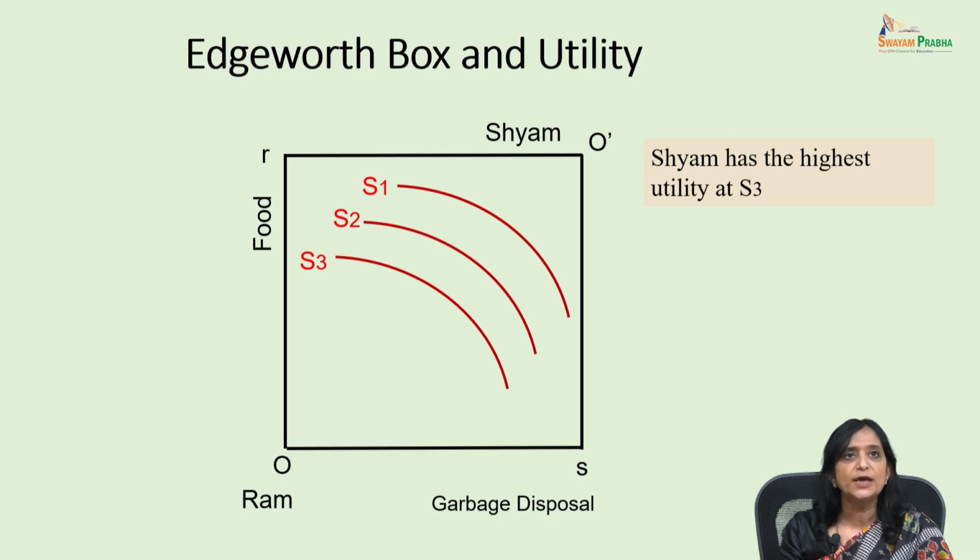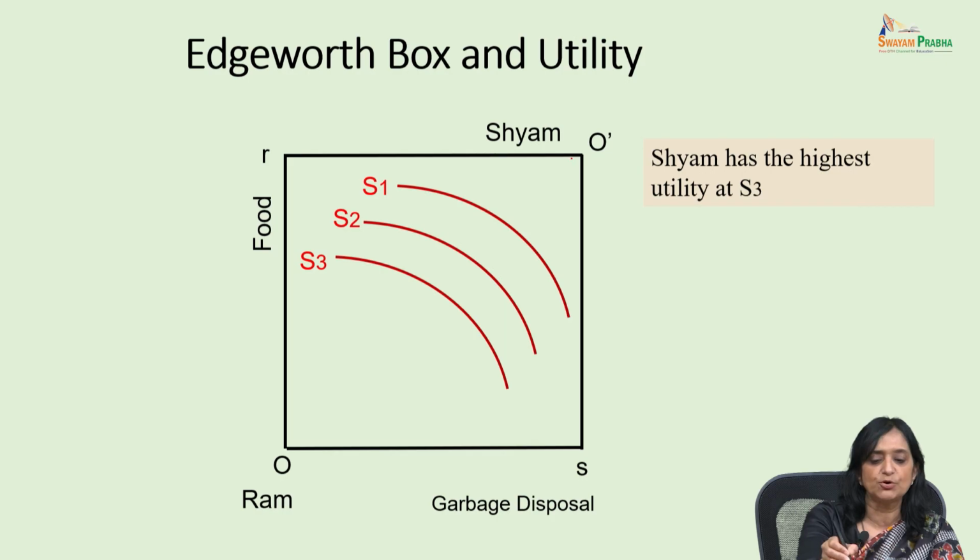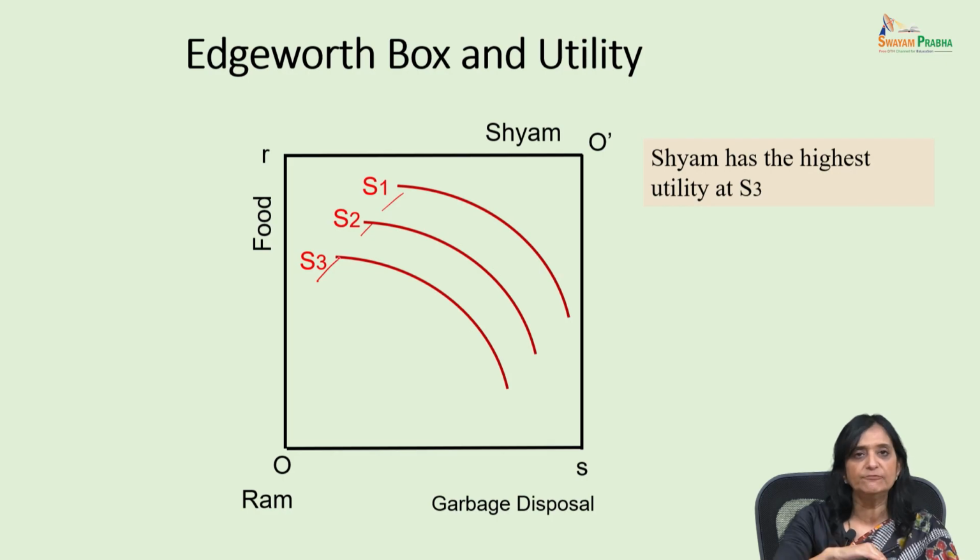As we have Ram, similarly we have Shyam. In the Edgeworth box which we derived earlier, when we impose these utility curves or indifference curves, we try to find what type of allocation we have. Since Shyam's measurement of goods and his utility is just the mirror image of Ram's axes, in the Edgeworth box the indifference curves of Shyam will be inverted.